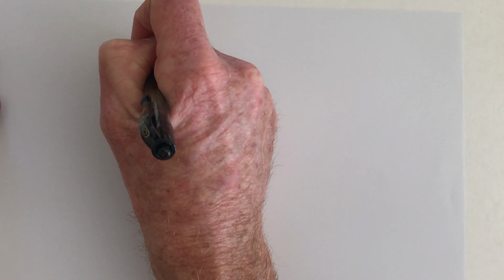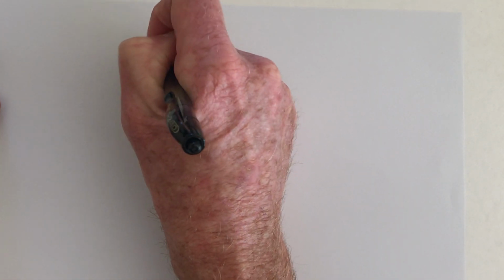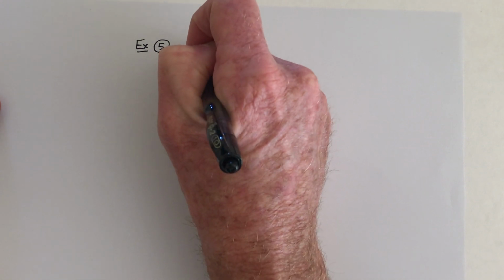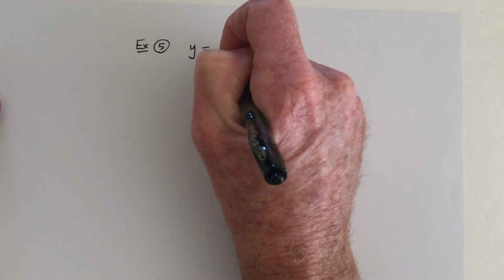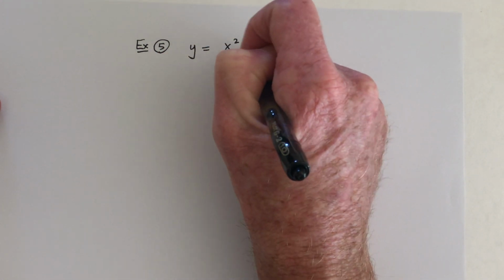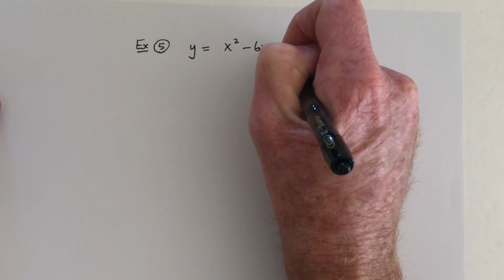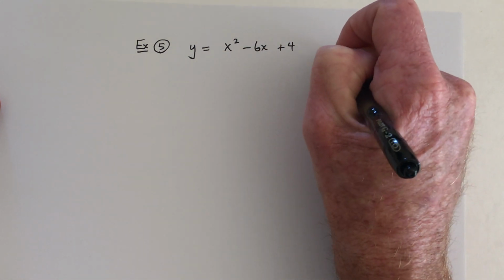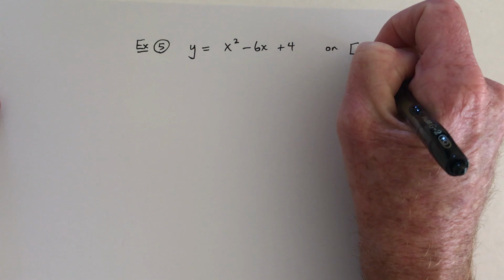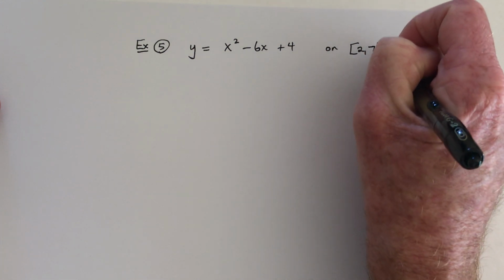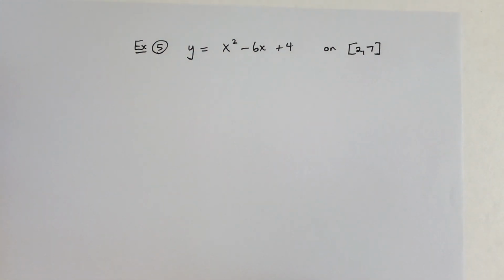Okay, then on to the main idea of this section, which is the curve sketching, like that very first idea that I talked about. So for example number 5, suppose the function is y equals x squared minus 6x plus 4, and then I just randomly chose an interval that it's from 2 to 7.